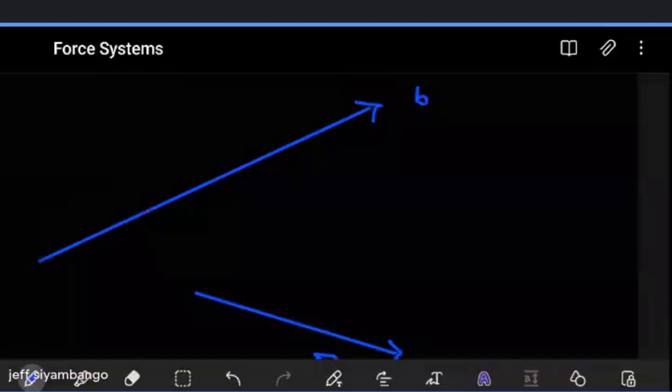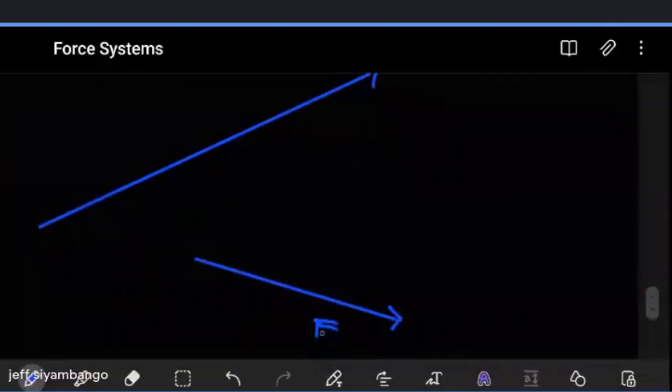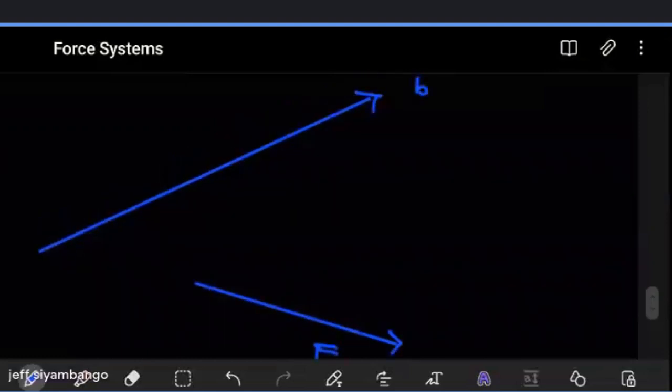To get my moment of the force F about the axis B, what I need is a single point along B, along the axis. My point can be here, it can be here, it can be anywhere.